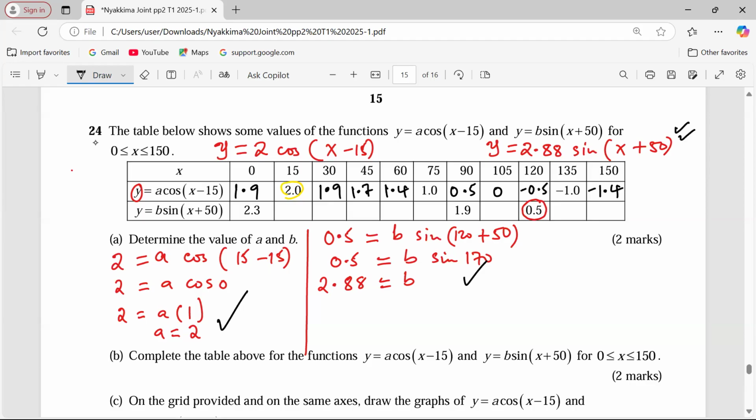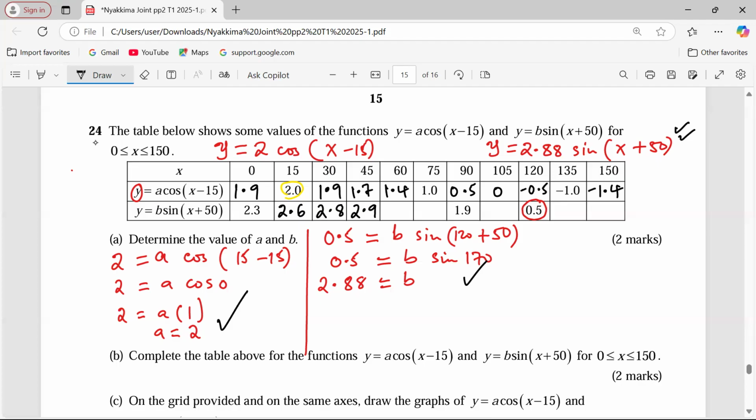That will give us 2.6. Then we go to 30, 2.88 sine 30 plus 50, giving us 2.8. Then we go to 45, whereby 2.88, the sine of 45 plus 50, giving us 2.9.